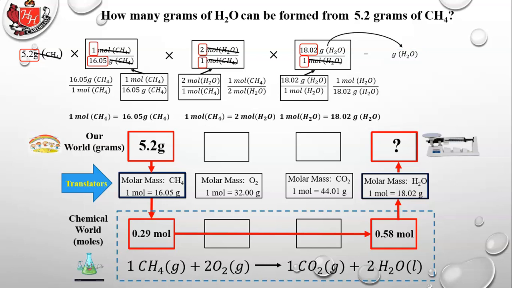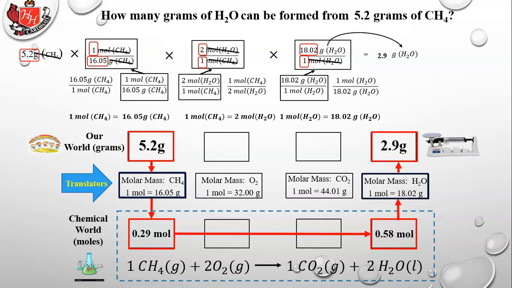And when you punch all that into your calculator, you end up with 2.9 grams of H2O. So if we combust 5.2 grams of CH4 methane, we'll end up with 2.9 grams of water. And we can go ahead and in our graphic organizer, we can replace the question mark with 2.9 grams.